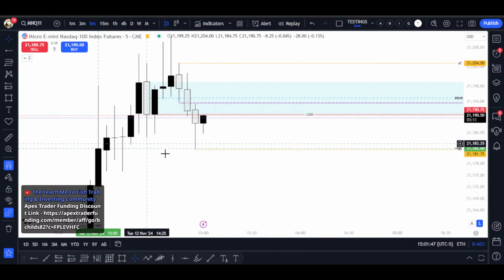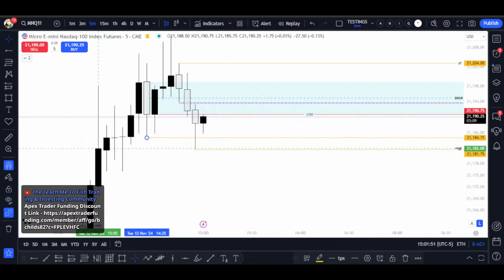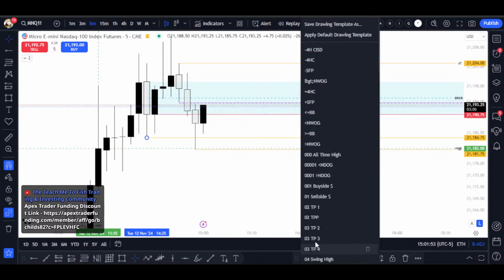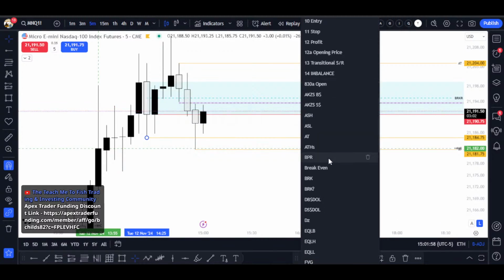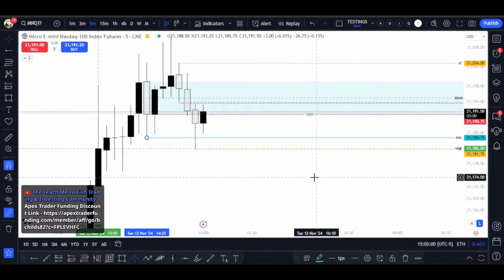And again, you would need a close below here to actually consider this a breaker, which is 21,184.75.